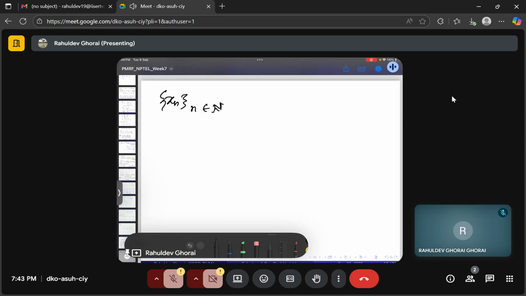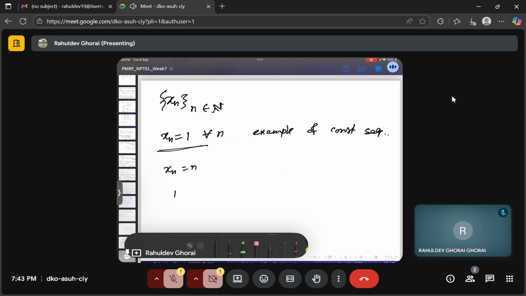So sequence can be xn. If I say xn is equal to 1 for all n, then it's a constant sequence, or some other number, it's constant. This is an example of a constant sequence, trivially a sequence. It can be 0, it can be 1, 2, always. xn equal to n is also a sequence.